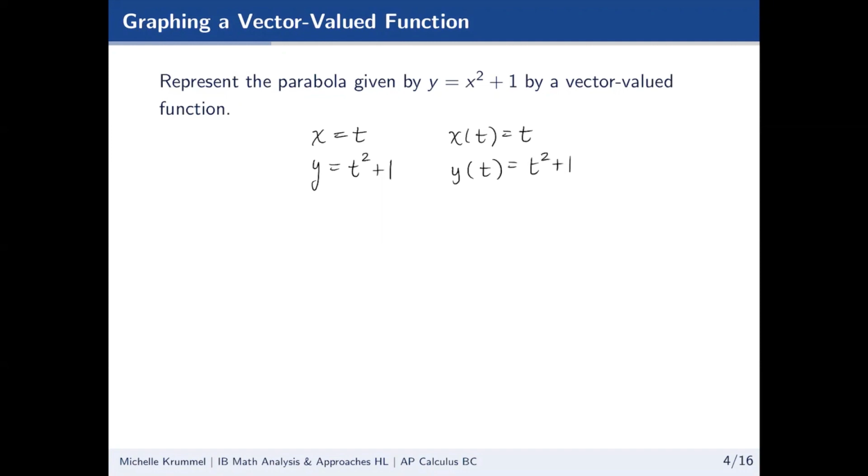We could even switch to f of t equals t and g of t equals t squared plus 1. But all we need to do to write this as a vector-valued function is to put it in component form. So our x component first, followed by our y component, and then we can use angular brackets to indicate that this is a vector-valued function.